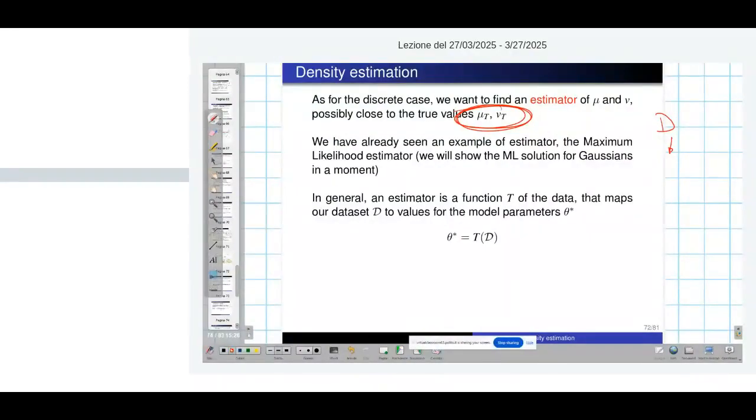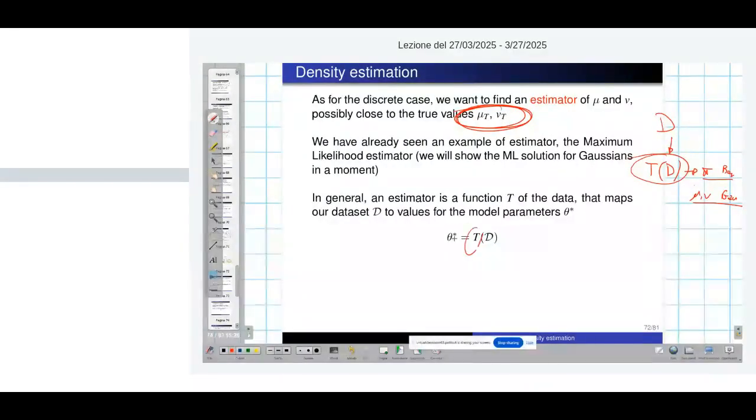Any function that, given the data, gives us a value for the model parameters, mu and v for the Gaussian example, is called an estimator of the model parameters. So an estimator is a function or a procedure, if you want, that given the data, gives us values that we will use as if they were the true value of the model distribution in the frequentist world.